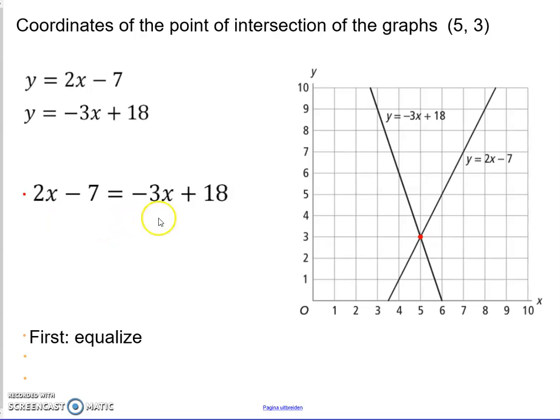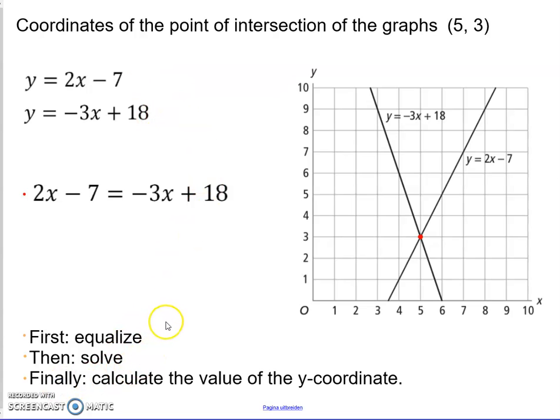When we do this, we have an equation, and we can solve it. When you solve it, you will find the x value of the point of intersection. Then you can use one of both formulas to calculate the value of the y-coordinate. So that is what we're going to do today.